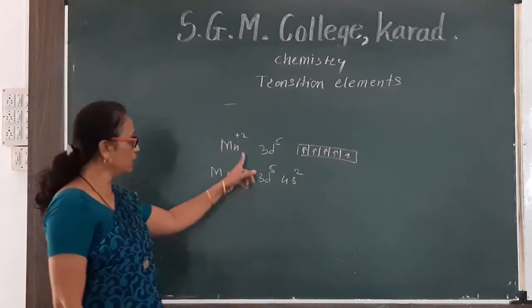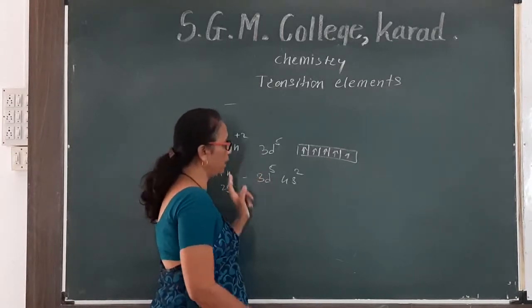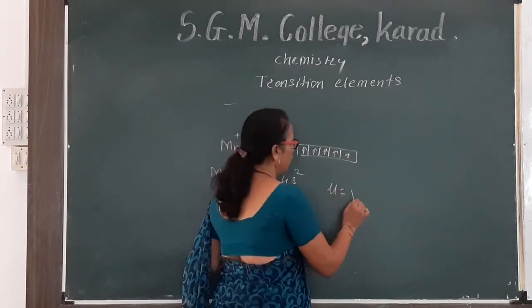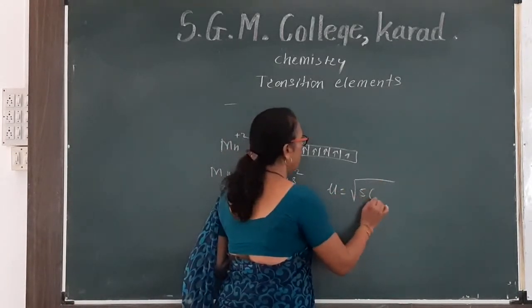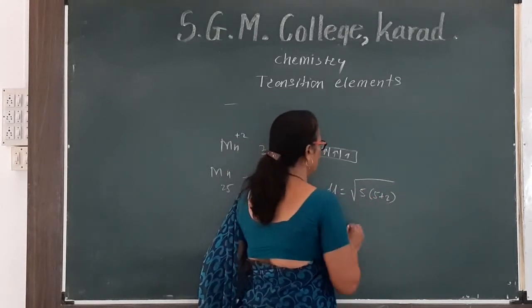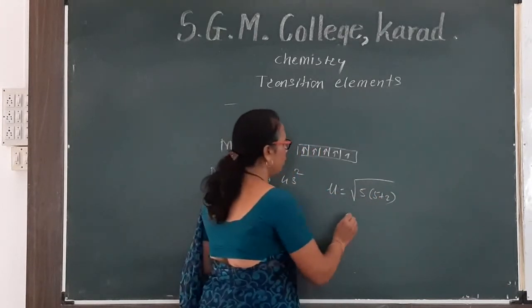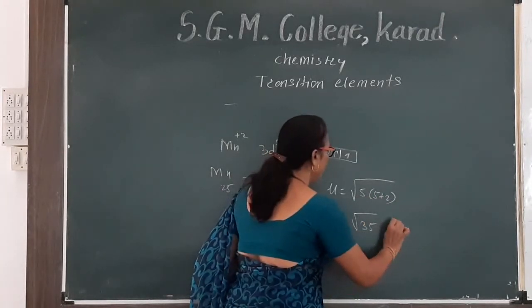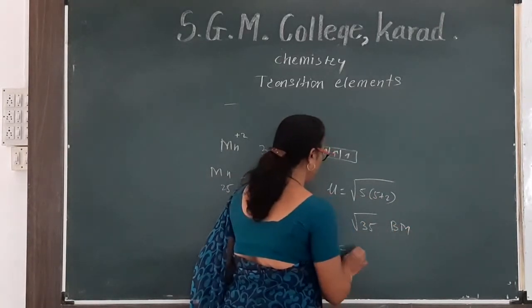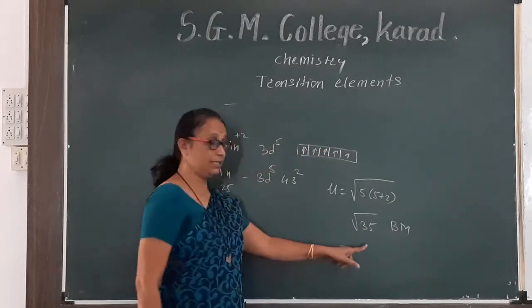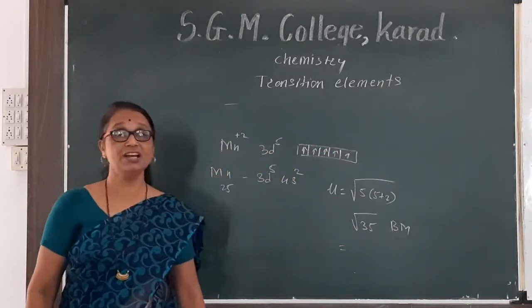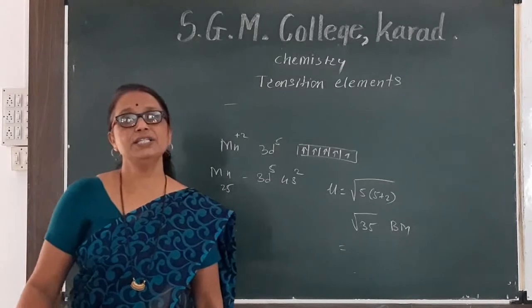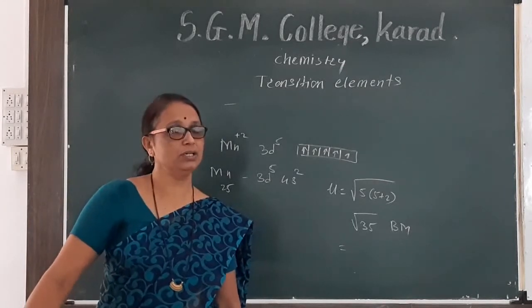Hence, for calculation of magnetic moment of Mn plus 2, mu equal to under root of 5 into 5 plus 2. 5 plus 2, 7. 7 into 5, 35. Bohr magneton. As it is 35, it is near to 36. This answer should be near about 6.